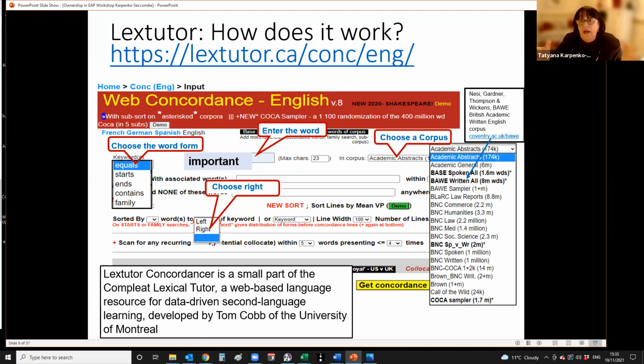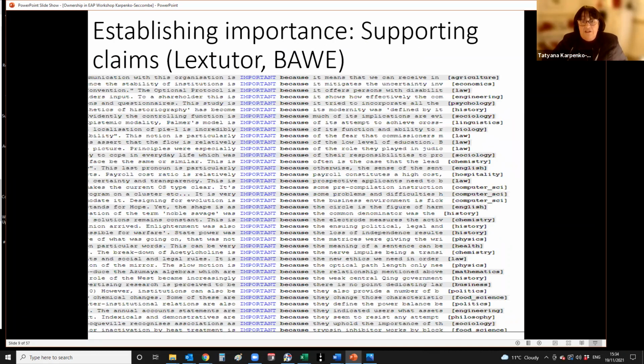There is BAWE, and there are subcorpora of the British National Corpus, which gives some kind of discipline-specific corpora, humanities and law and medical. There are also law reports, and there is a small corpus of articles in education. So, and after that, you have concordance. All the rest students can learn later, but from the first go, they can already get some results.